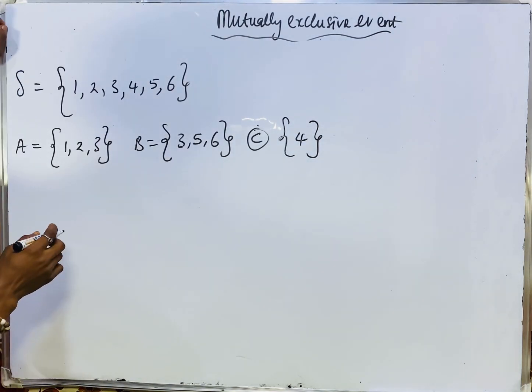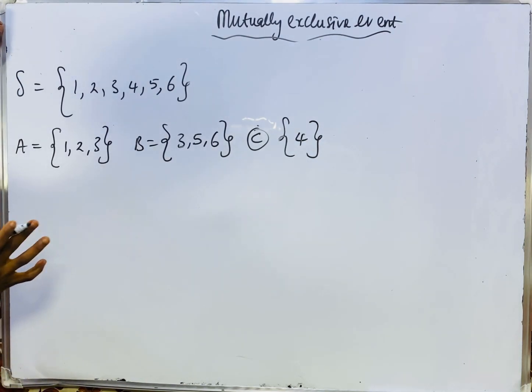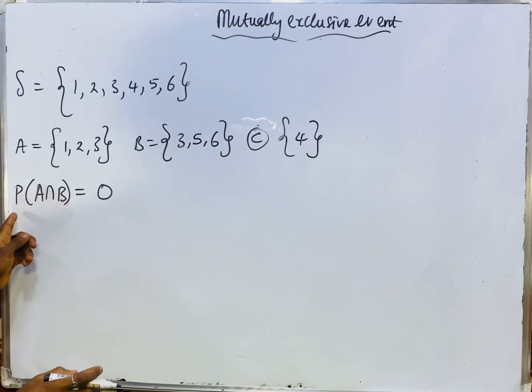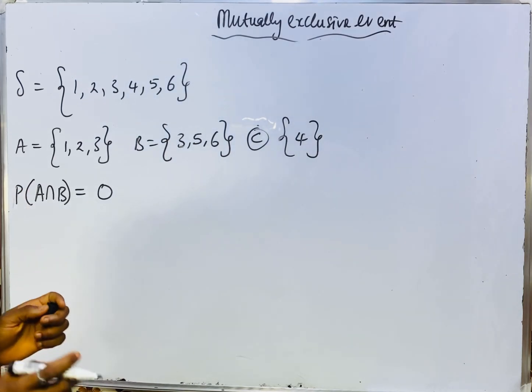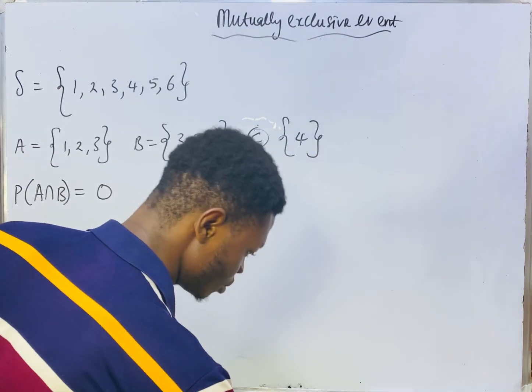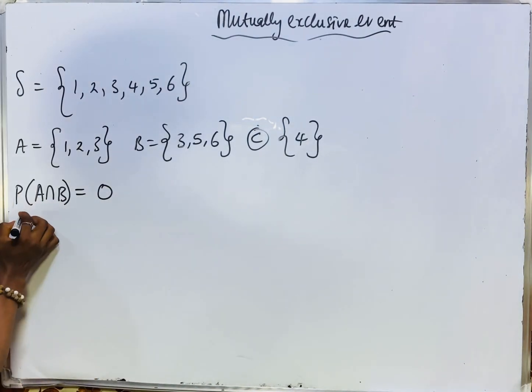Now, for you to know that these things are mutually exclusive, if you have a probability of A intersect B equal to 0, you know that they are mutually exclusive. So let's check their intersection.